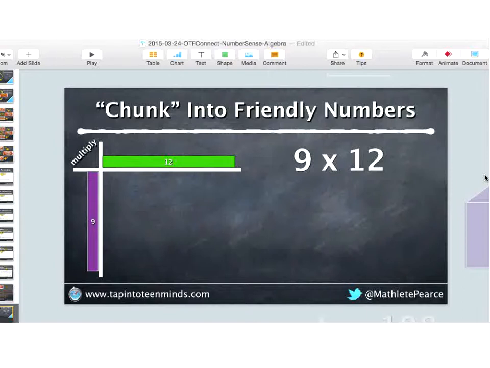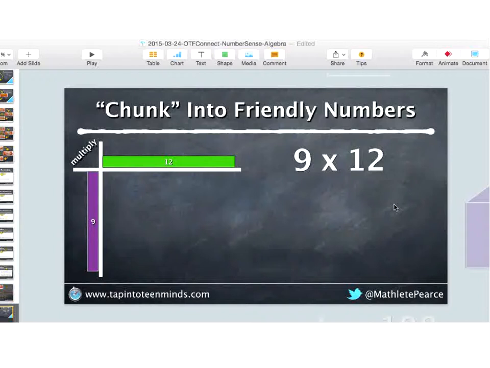And I know that may not be super clear with what I'm asking for some of you, but I like to just get kids typically up to the whiteboard, and I get them all standing at the front, and I like to see what they think about this. So go ahead and break it down into any friendly numbers that you'd like. The best part is there's no right way to do it. You can do it in a number of different ways, and we can see them coming up now. So I'll give you a second to do that, and then we'll do some discussion.